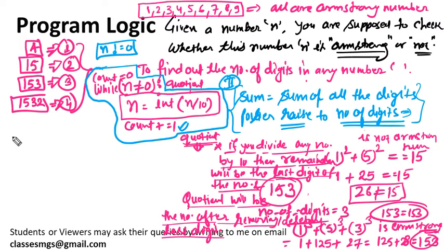Sum initially we will have 0. Now what we need to do is keep on dividing this number, we need to find the digits of the number. Let's suppose you are checking whether this 153 is an Armstrong number or not. Then you need the number of digits count. You already have the number of digits count, using this logic, and n value, let's suppose 153.